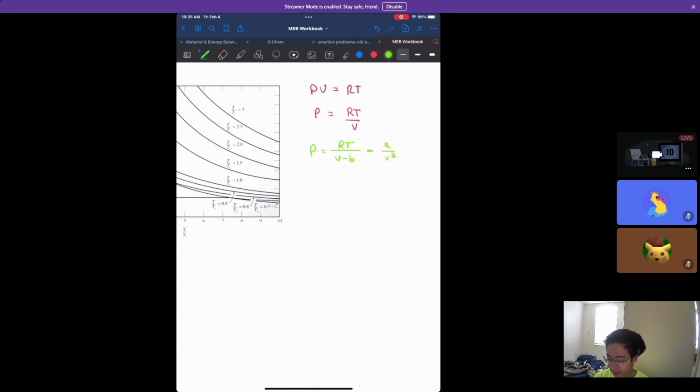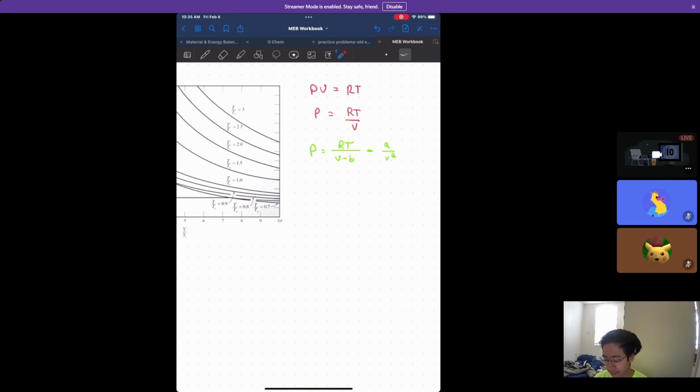The reason this term is subtracted is because it is a force that works against the observed pressure. The higher the force exerted between molecules, the lower the observed pressure is. So this is the van der Waals equation of state.